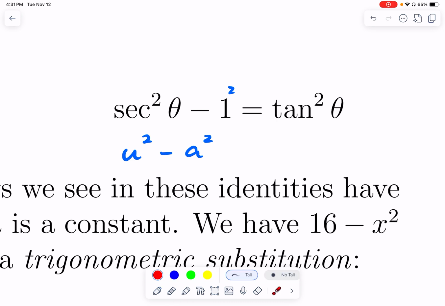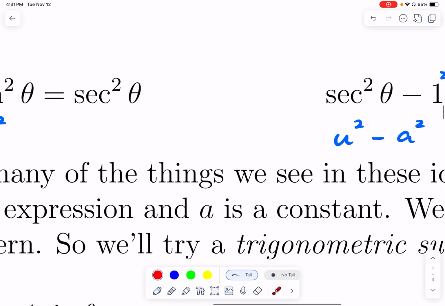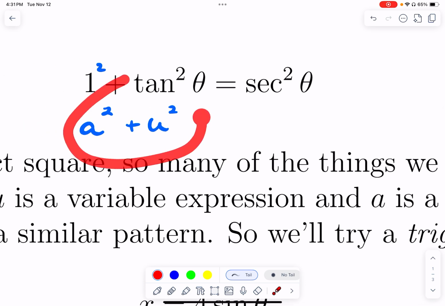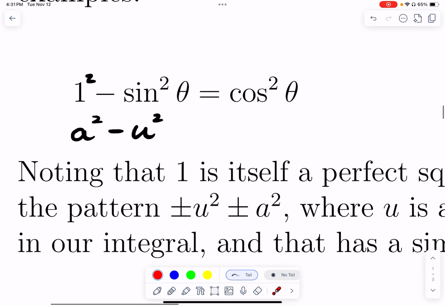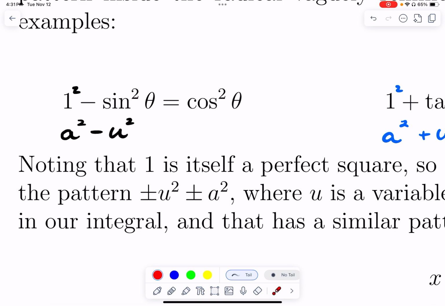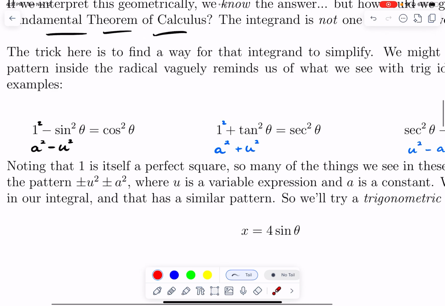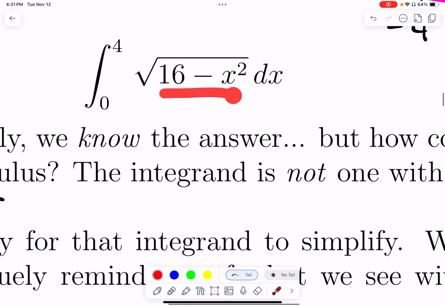If we're talking about secant, something like this simplifies. If we're talking about tangent, something like this simplifies. If we're talking about sine, something like this simplifies. So we want to create some sort of substitution so that this thing under the radical turns into something that simplifies. And if it turns into a perfect square, all the better, because we're taking its square root.